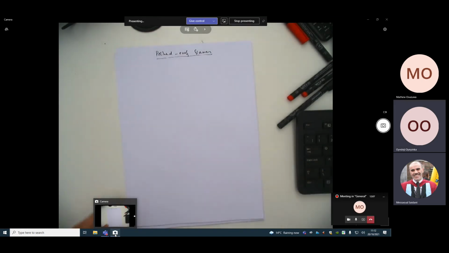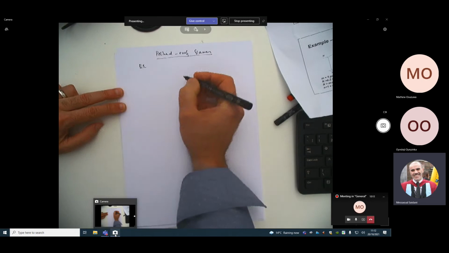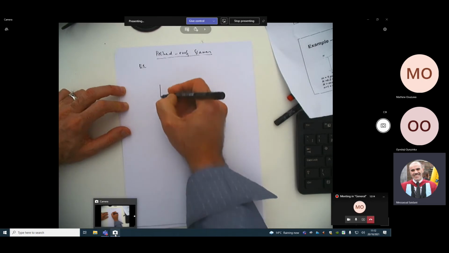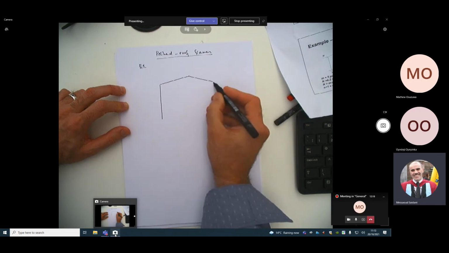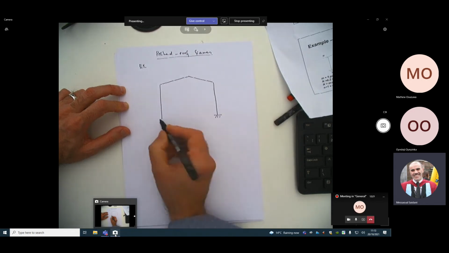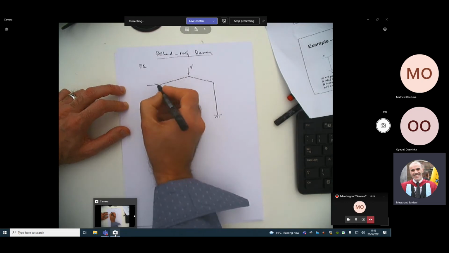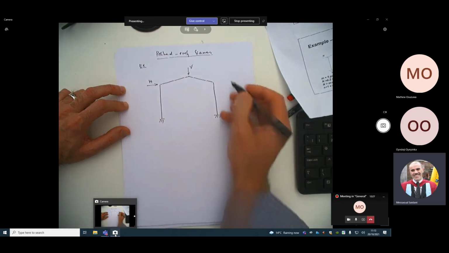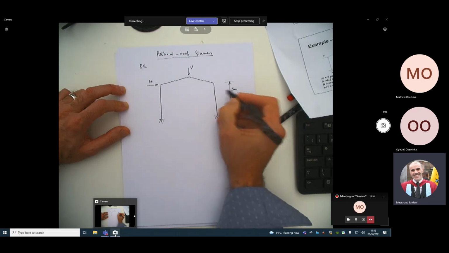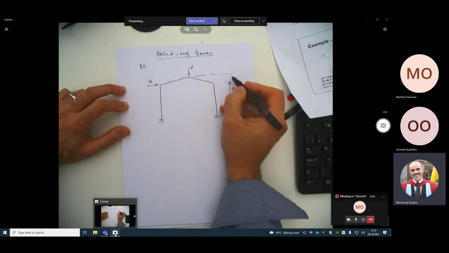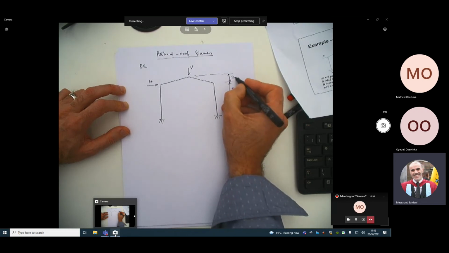Okay, so the example we have is a symmetrical portal frame like this. It's fixed at the base. We have a vertical load V and a horizontal load H. The height of the column here is 5 meters, and the height of the roof to the apex is 2 meters.